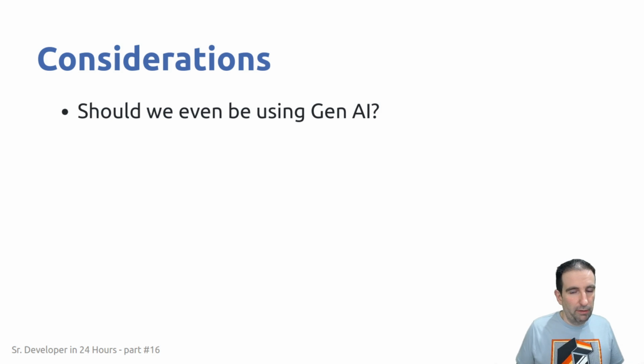You have code generation tools that truly understand the AST, the abstract syntax tree of the code you're writing, and can help you with some of the boilerplate. There are also object-oriented techniques that might help us avoid this boilerplate altogether. Just because GenAI makes it easy to write doesn't mean we should even be writing this code.